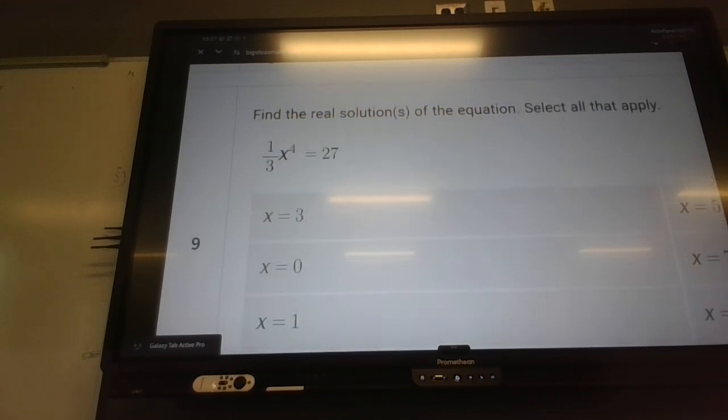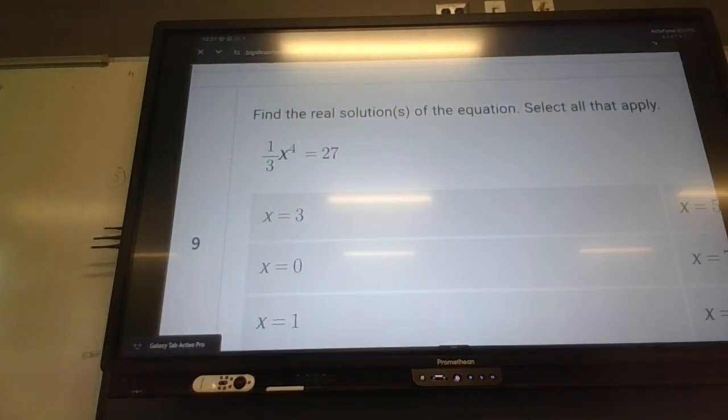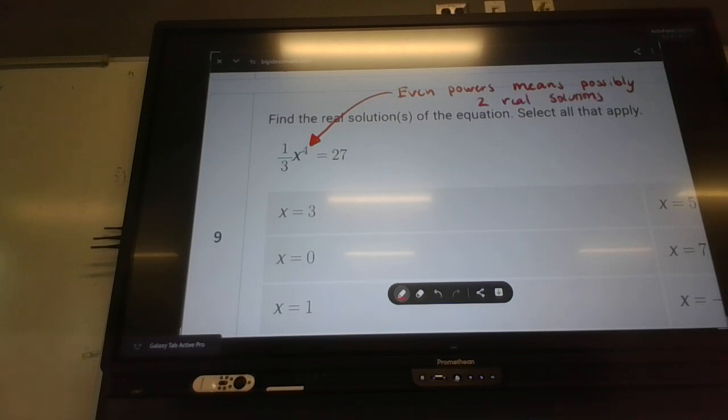All right, the first thing I want to note as I solve for x in number 9 is that it does have an even degree, which means there's possibly 2 real solutions. So I want to keep that in mind right away. If it had been a 3rd degree or a 5th degree, 1 solution. An even degree means possibly 2.